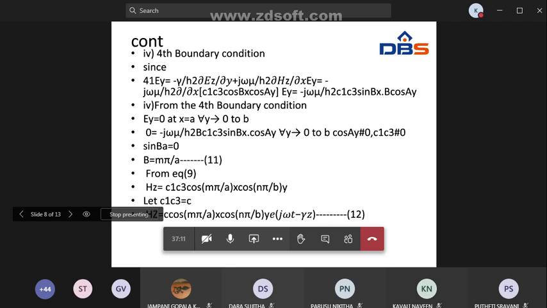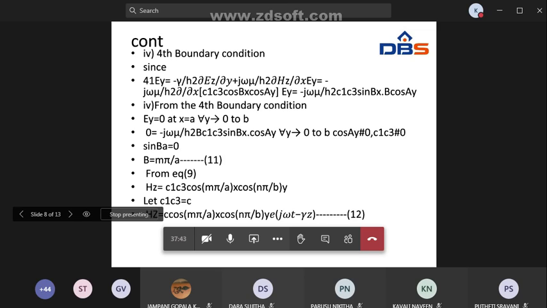Right? So substitute the fourth boundary condition and you will get b equal to m pi by a. Okay. So this a value and b value is same as in the TM mode analysis. There also, a equal to n pi by b, b equal to m pi by a, right? So substitute a and b values. Then you will get hz, the complete solution.